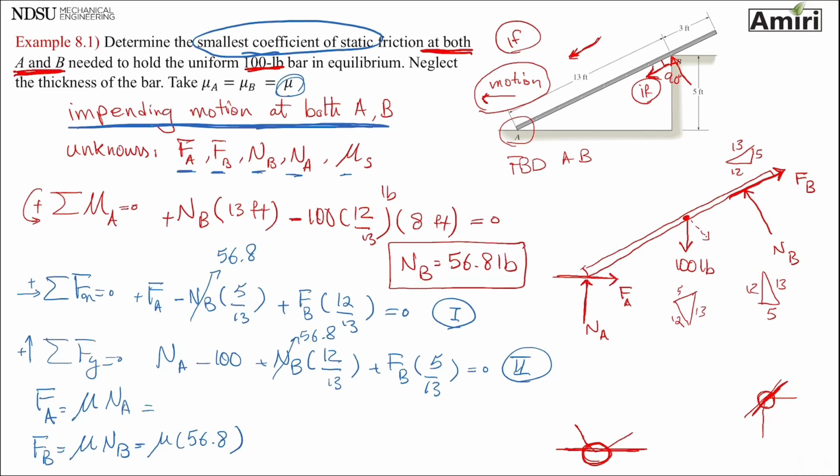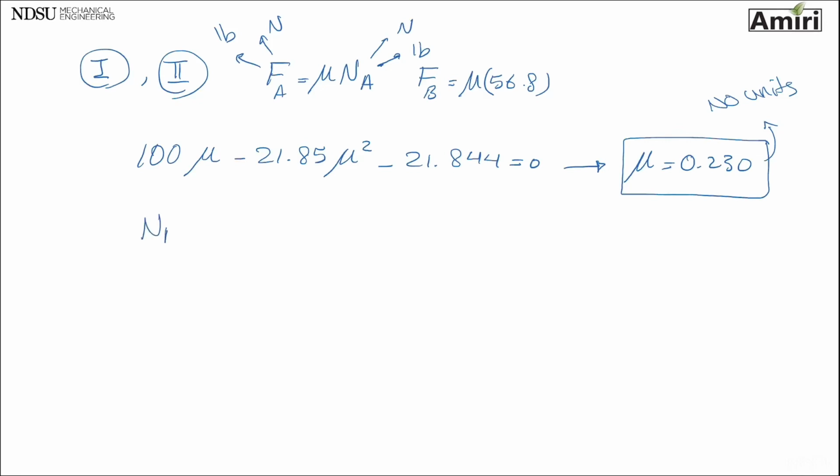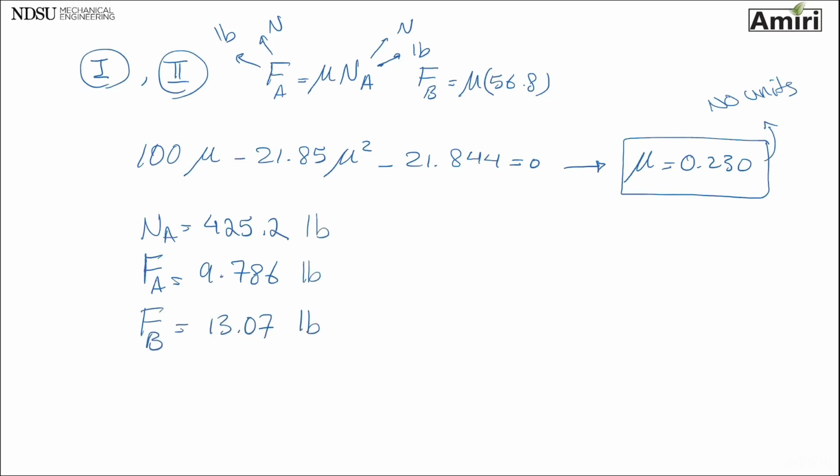You can go put back 2, 3, NA. You can put this as 0.23, 56.8 pounds, and so on, and find all of the other unknowns that we had. 425.2, 9786, 1307, NB we already had it be 56.8, and mu was 0.23.